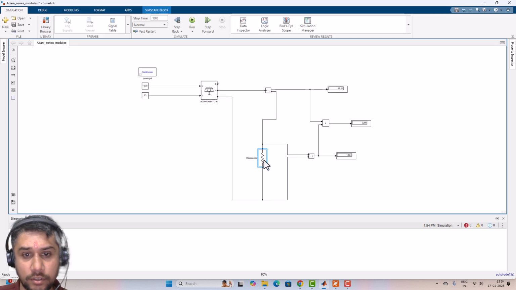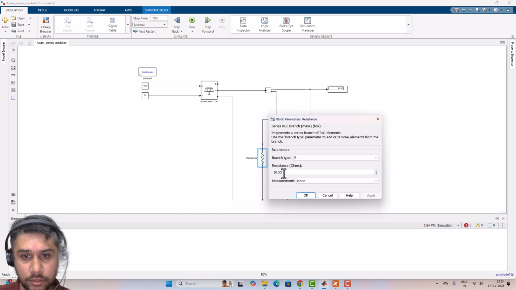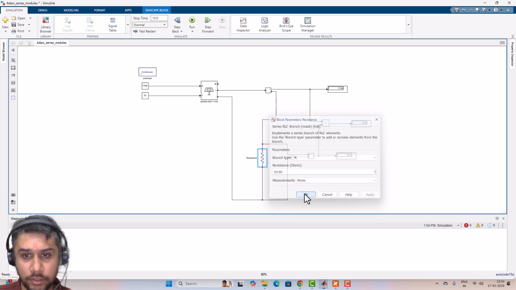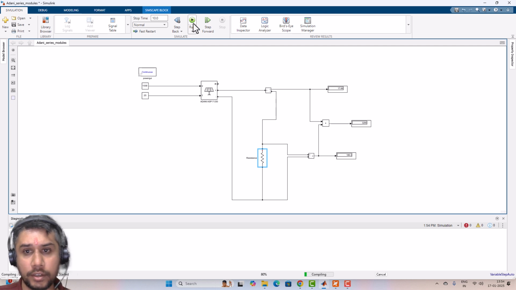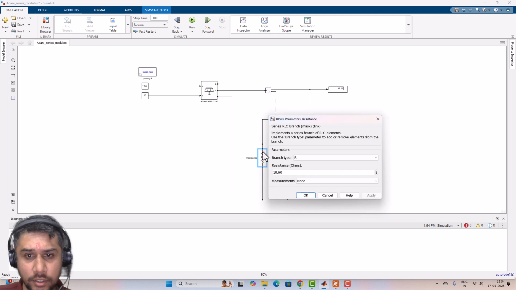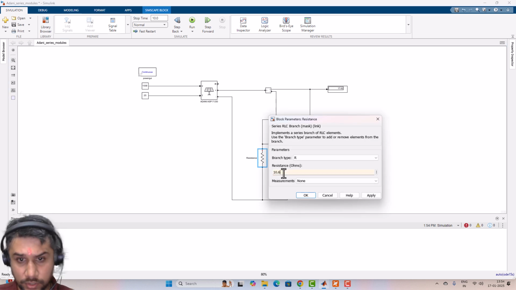17.5, okay, 10.60, apply, okay, run it, okay, 17.6. Now a marginal change is required, we are just smoothing it again.